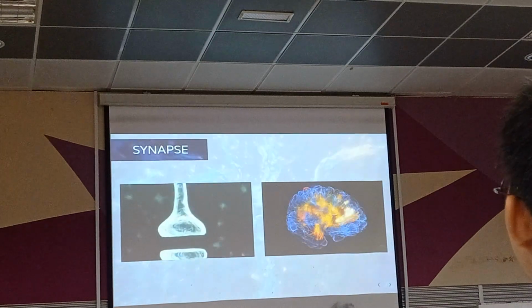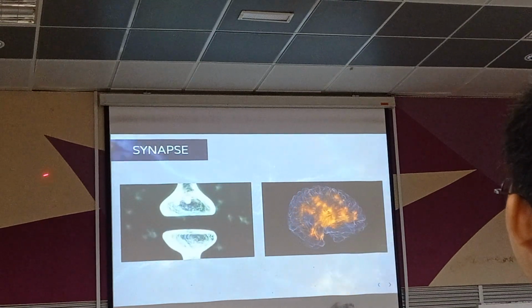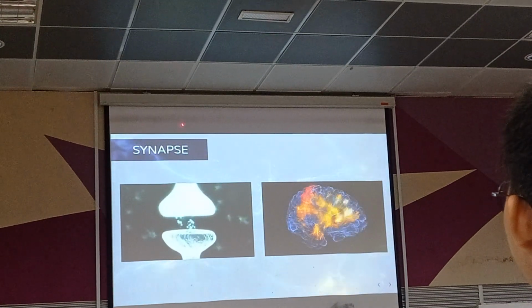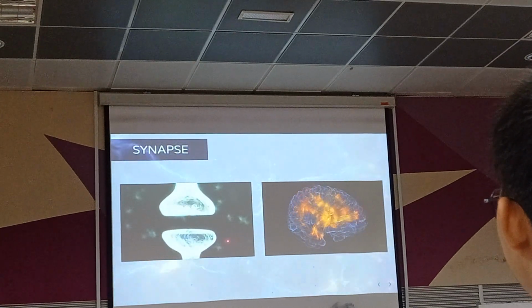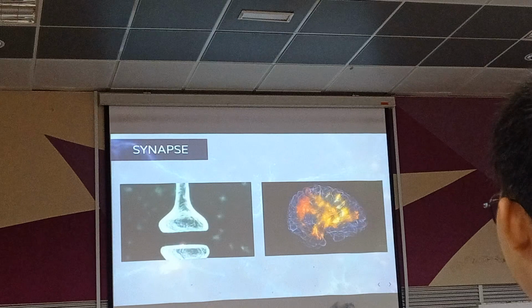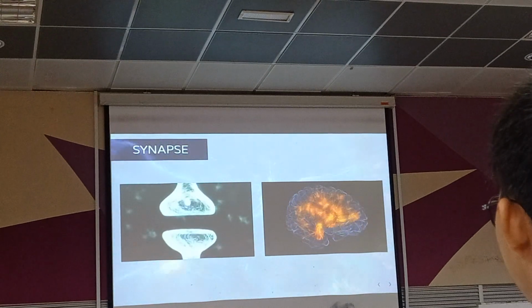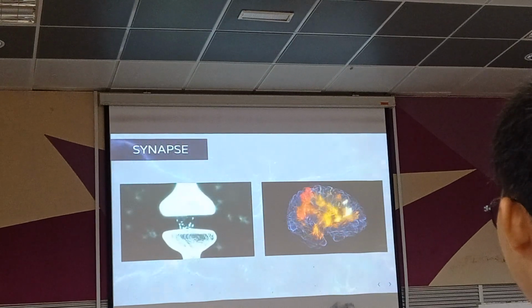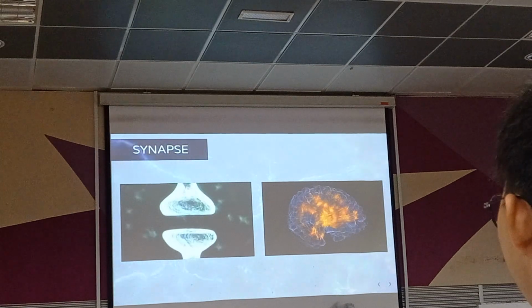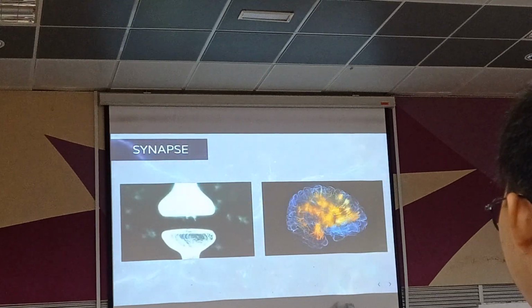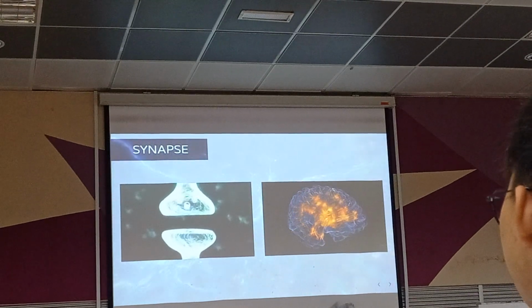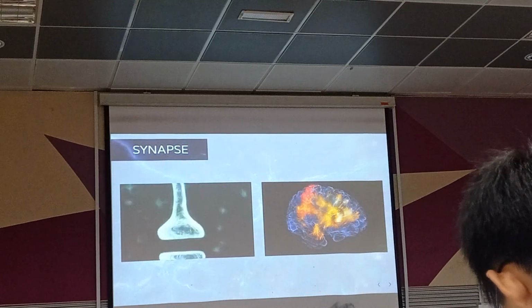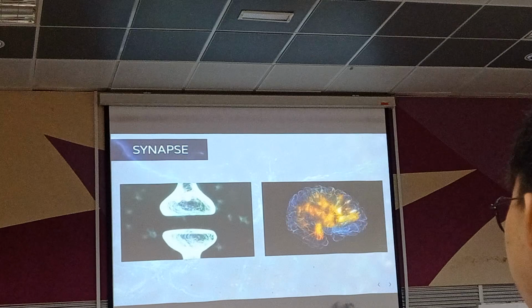Assume this is the axon, and some information passes to another neuron, to the dendrites here. There is no physical touch; they are not physically connected, but there is a gap. In order to pass the information from one neuron to another, there is a reaction called synapse that happens in between.